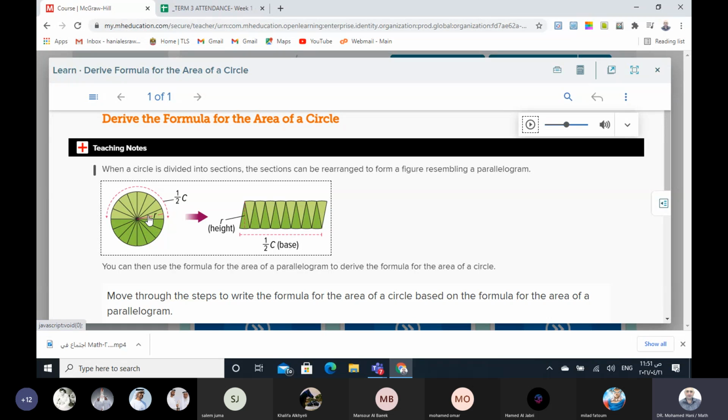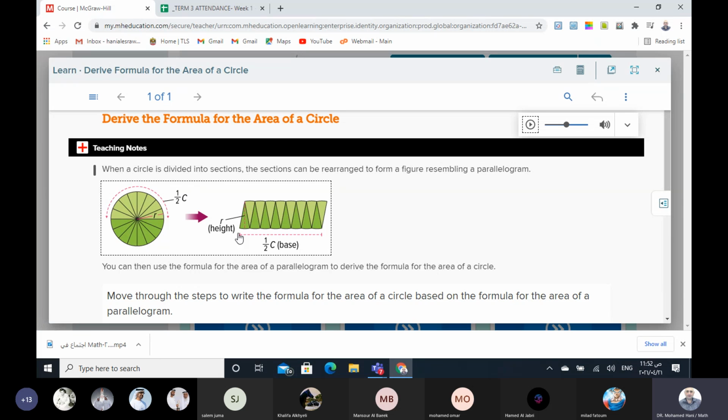The radius in the circle represents the height in the parallelogram. And the circumference in the circle represents the base and the top of the parallelogram, so the base is half of the circumference.